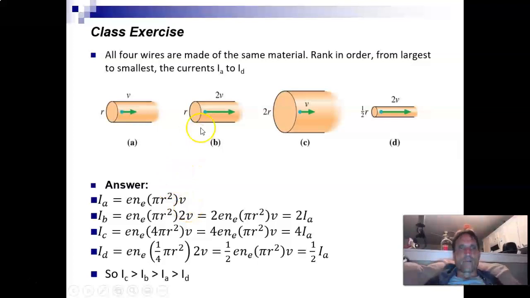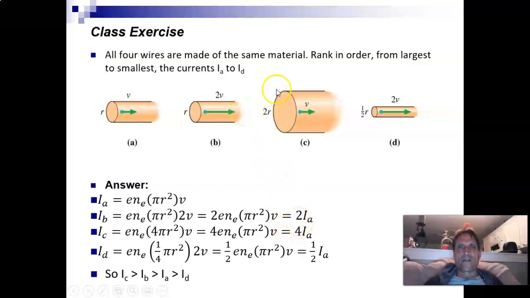Now in part B, everything is the same, but the drift speed is twice as big, so we put 2V in instead of V, and that gives you twice as large a current. So twice as large a drift speed along the metal, twice the current.